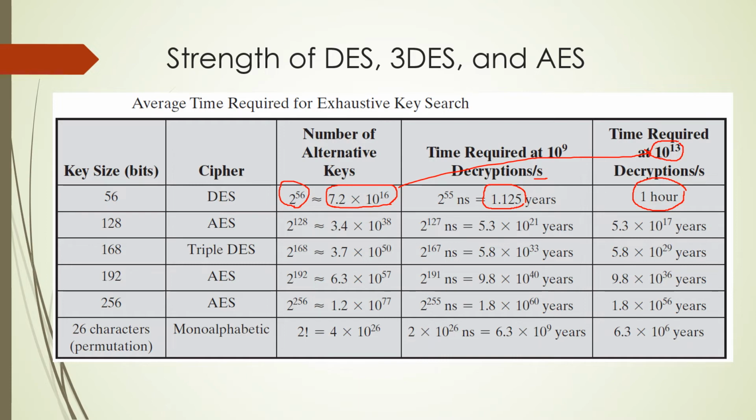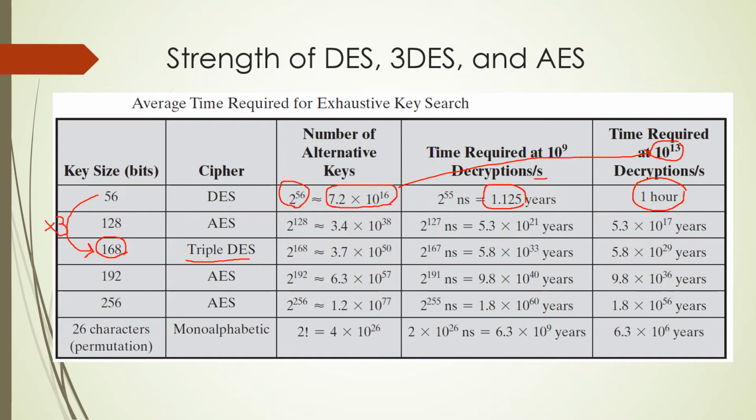So one option is to use triple DES, which uses basically 3 DES mechanisms back to back, and this will triple the size of the key from 56 to 56 times 3, which is equal to 168.